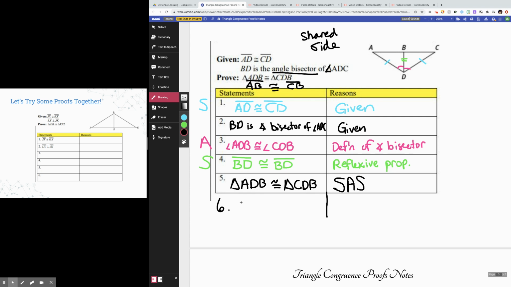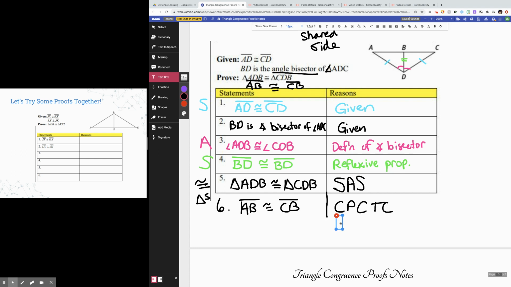So I could say side AB is congruent to side CB because they are corresponding parts in congruent triangles. Right here in step 5, I have congruent triangles. So I can use, remember that acronym from the first set of videos in this section, CPCTC, which stands for corresponding parts of congruent triangles are congruent.